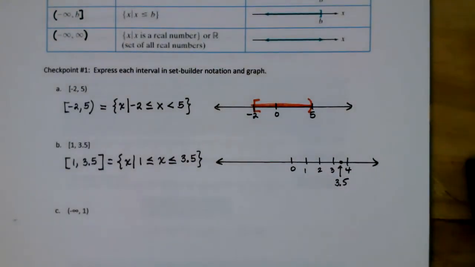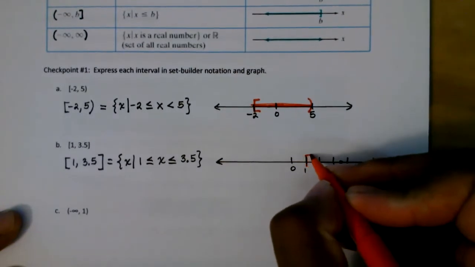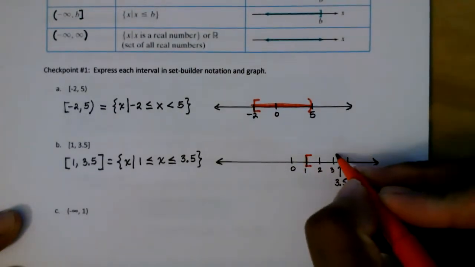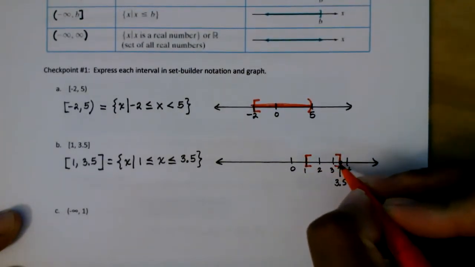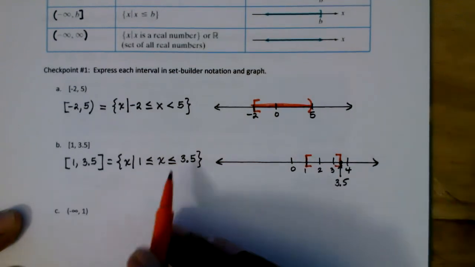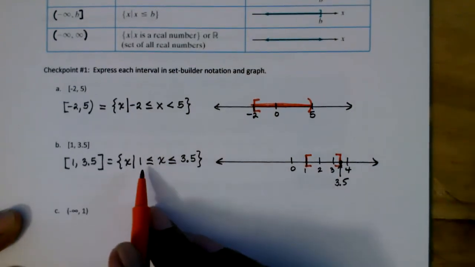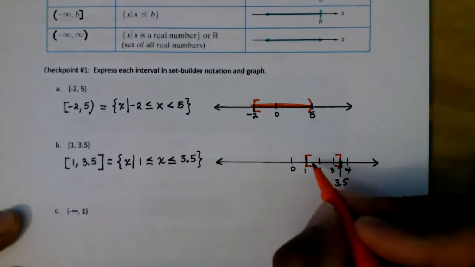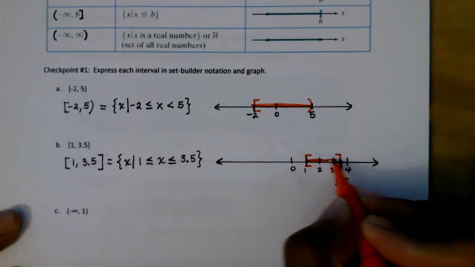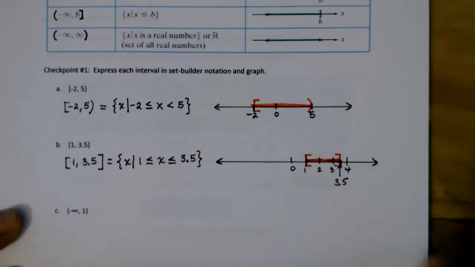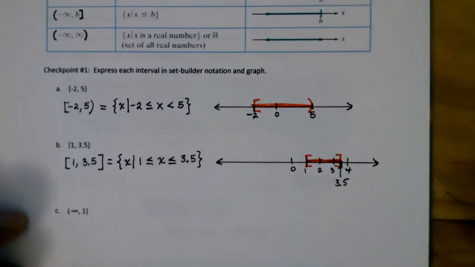Now the 1 and the 3.5 both have brackets. So I'm going to put a left bracket at 1, and a right bracket at 3.5. And to indicate that the value of x is between 1 and 3.5, we'll shade in between those two, like this. Okay.